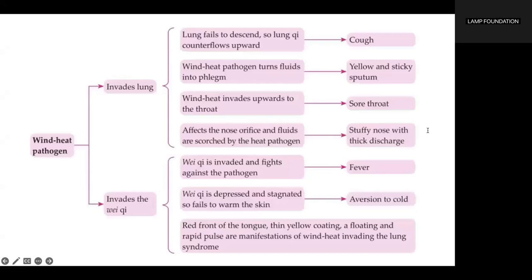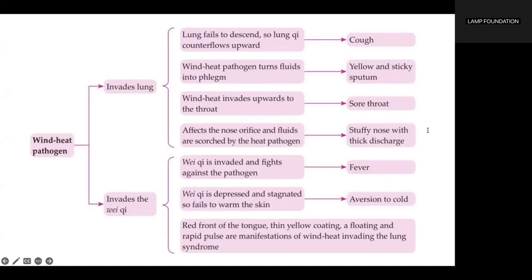Clinical manifestations, cough with sticky yellow sputum, stuffy nose with thick yellow nasal discharge, fever with slight aversion to wind cold, slight thirst or sore throat. The front of the tongue is red with a thin yellow coating and a floating and rapid pulse.